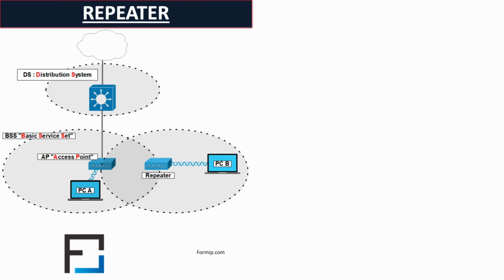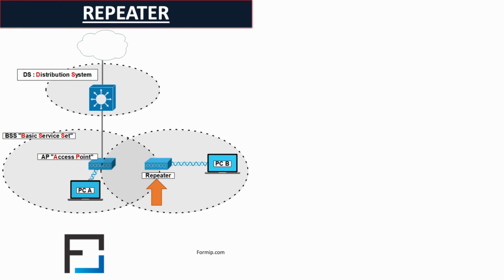For this reason, it is possible in this case to add additional access points that will be configured in repeater mode. This mode simply allows you to take the signal it receives and retransmit it to a new area around this new equipment. The idea is to position the repeater away from the access point, as shown in the diagram.